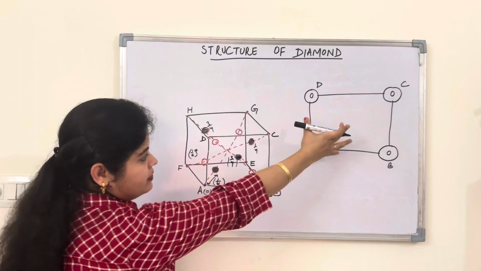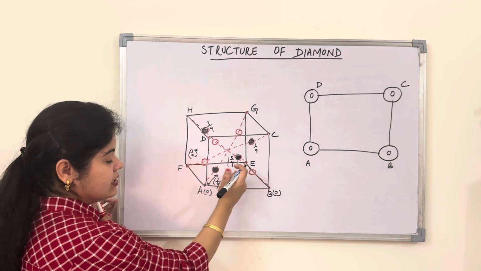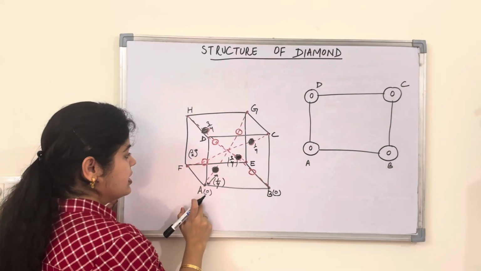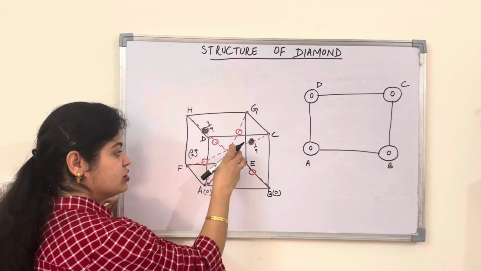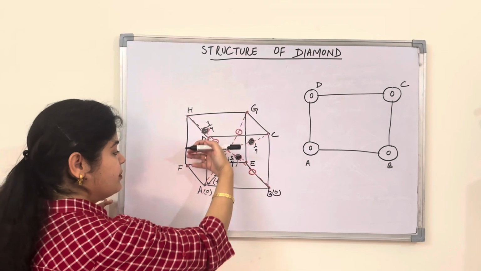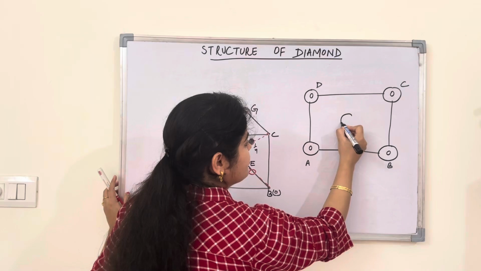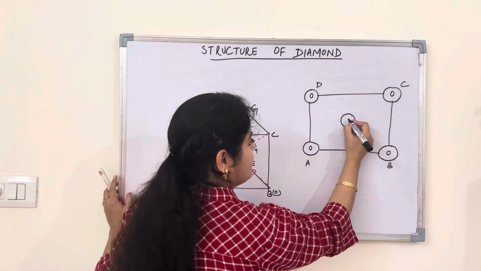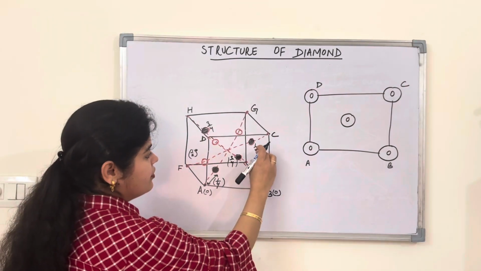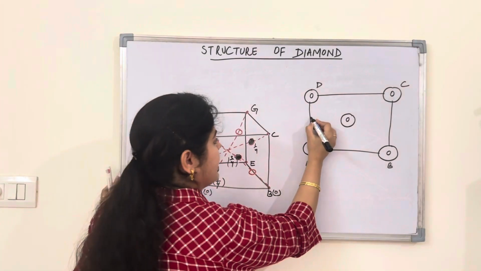Also, from this particular face, I can visualize the face centered atom which is in the center of this face, and that will also be at 0 position because all the corner atoms are at 0 position. The other face centered atoms will be at half distance from this one. So one atom which is in the center of the face will also be at 0 position. The other face centered atoms which are here, here, here and here will be at 1 by 2.